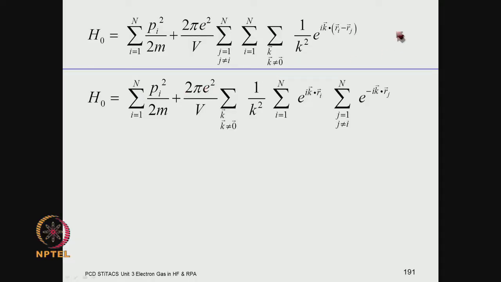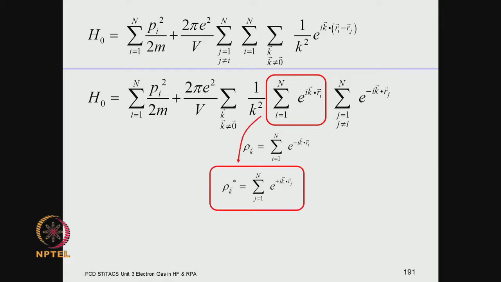This is the same expression rewritten, but I have factored out these two exponential terms, of which you recognize this term immediately because it is very similar to the Fourier component for k, except that over here you have a minus sign, but we have a plus sign over here. Essentially you have the complex conjugate of the Fourier term.